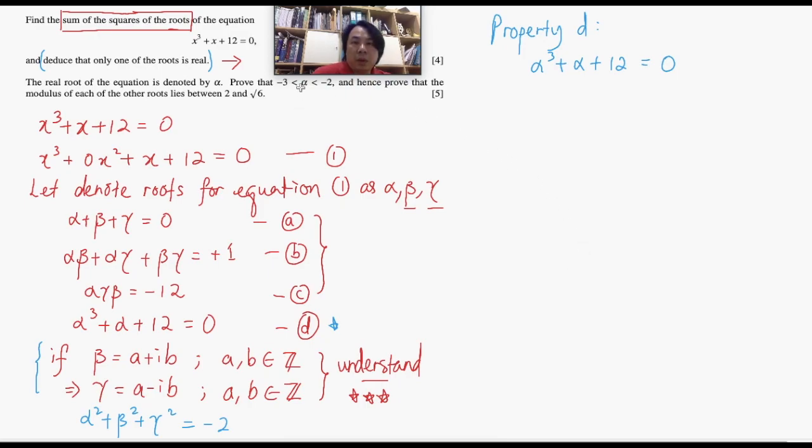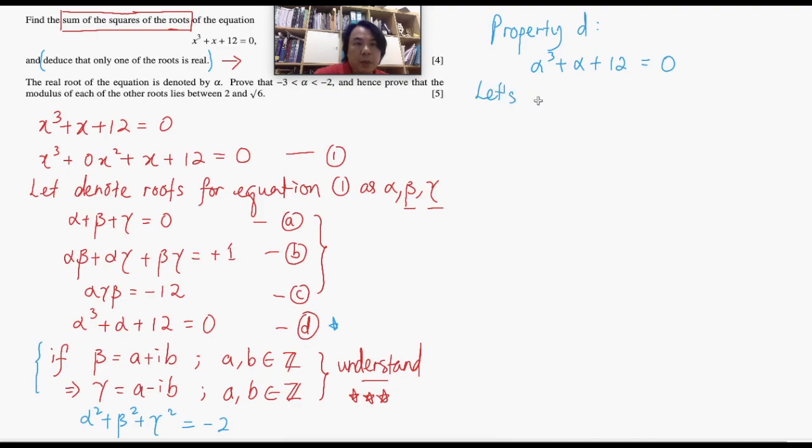Now, if alpha is lying between here, it means that there must be a change of sign to these particular functions.